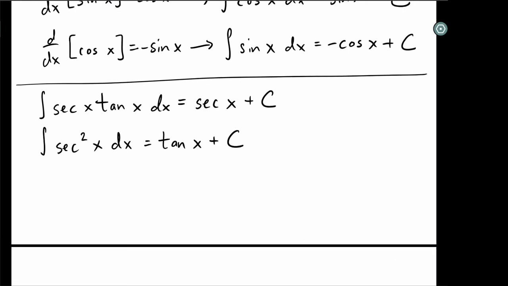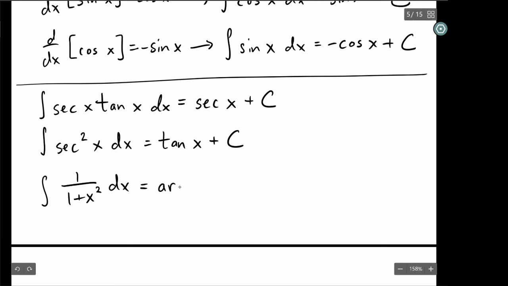And, because it's the greatest function in the whole world, we also have this guy, 1 over 1 plus x squared dx. We did the derivative of this. It was kind of an interesting derivative, but the antiderivative of this is going to be the best function ever, arctangent of x. We'll see.